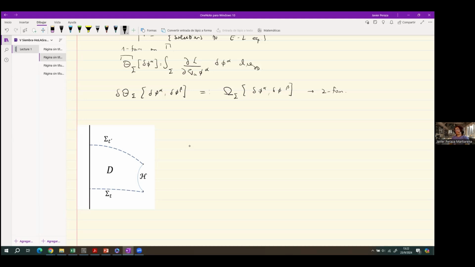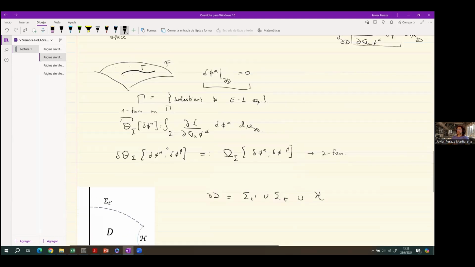Therefore, the boundary of D will be the hypersurface sigma T prime, sigma T, and this null hypersurface.